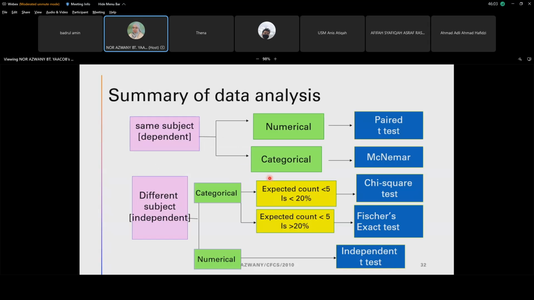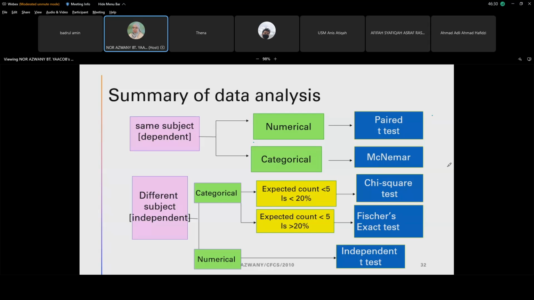So you may be asked to state the appropriate statistical test to be used. If you just state, for marks only 2, then you can just say chi-square test.